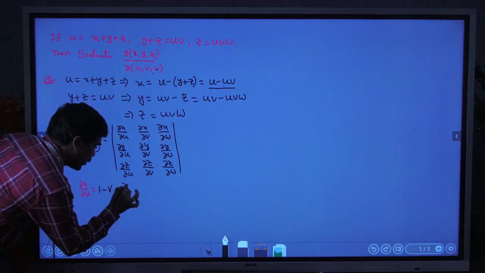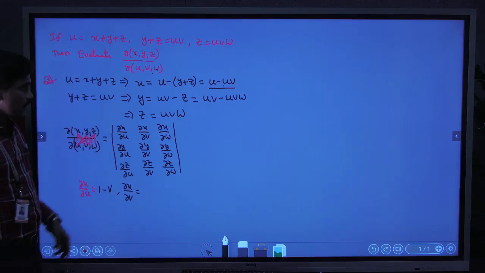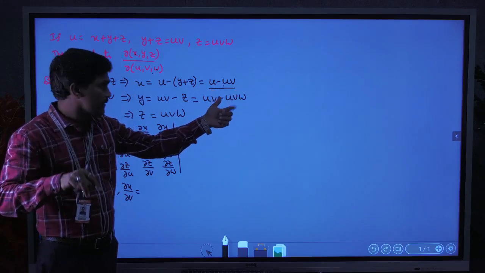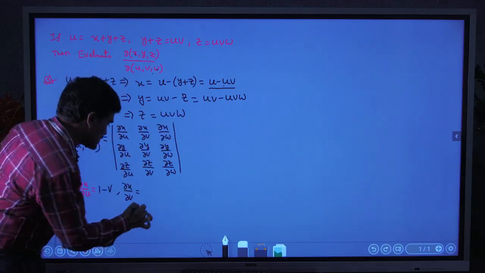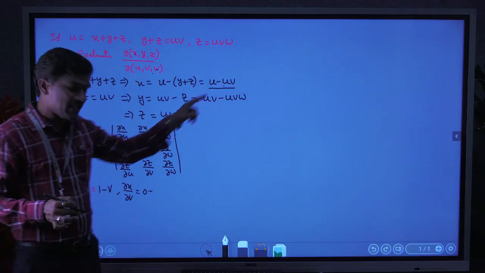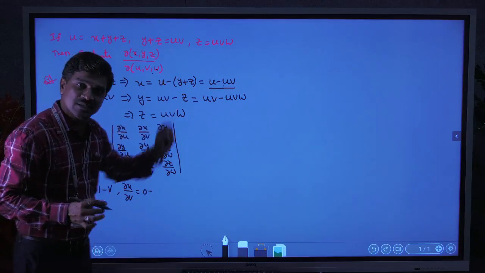Now write again, calculate ∂x/∂v. For the same function with respect to v, what is the derivative of u? Here the derivative of u is 0 minus uv with respect to v. Here u is constant and the v derivative is 1.